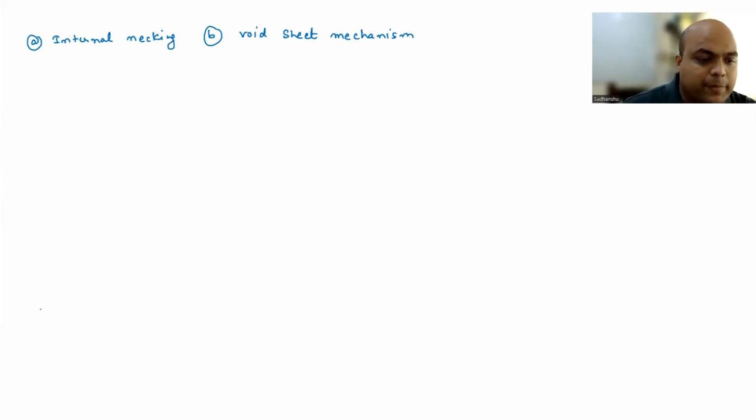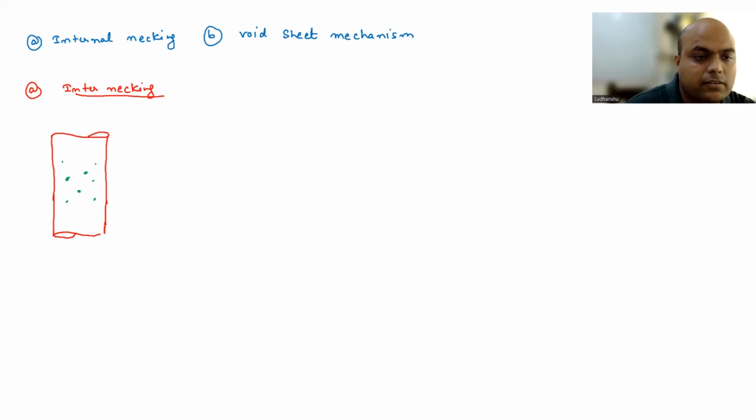So suppose you have a sample. And then you have lots of particles. Certain phase particles are like this. Now voids are going to nucleate in these particles.